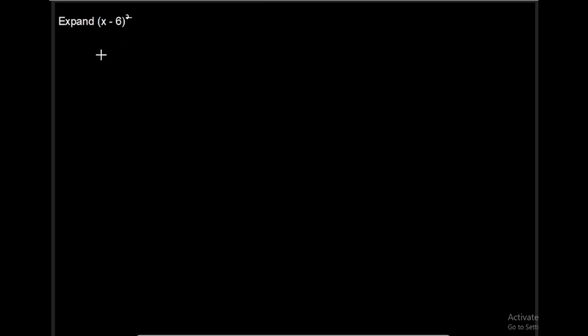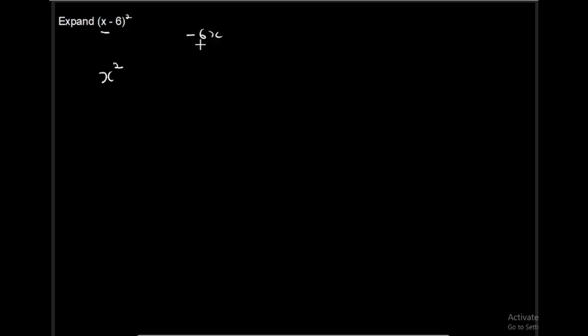Now another question we have here says x minus 6 all squared. This is also very easy. We just need to apply our shortcut trick and we'll get our answer in split seconds. So this will give us first term squared, we have x squared, and then we have first term multiplied by second term, which is minus 6x. x times minus 6 is minus 6x.